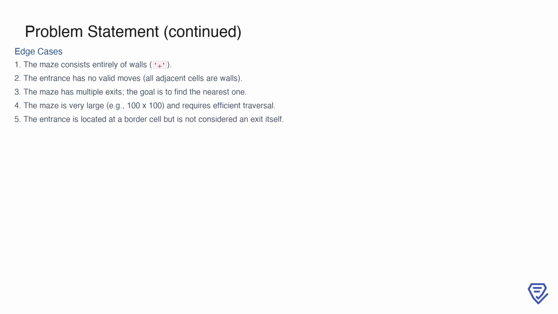Fourth, for larger mazes, such as those with dimensions close to 100 x 100, the solution must handle the size efficiently to avoid unnecessary computations. Lastly, remember that even if the entrance is on the border, it is not considered an exit, which can sometimes affect how paths are identified. These cases highlight the need for a robust algorithm to handle both common and uncommon scenarios effectively.